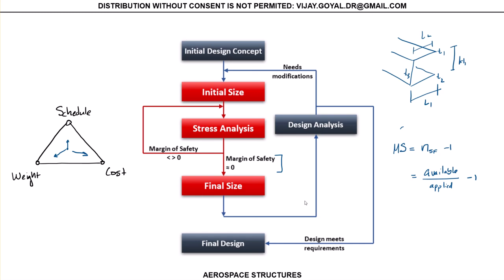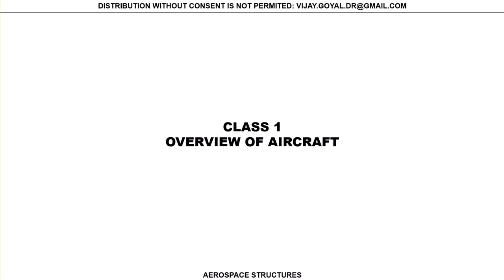Okay, and from that you get your final design and final analysis. The final analysis goes to your design, and maybe the designer comes and says, I need more modifications. Then you iterate. Otherwise, you have met your design and this is final. Okay, so this is in a nutshell how airplanes are actually designed.